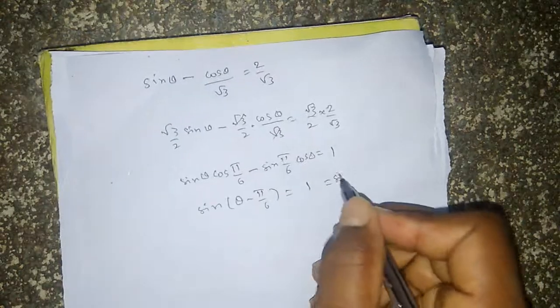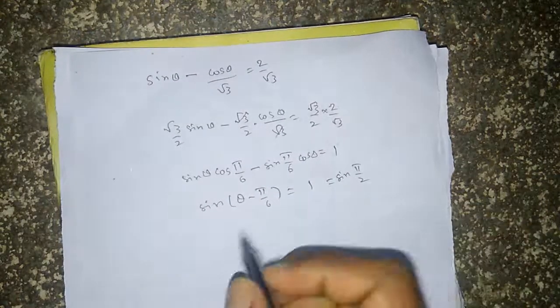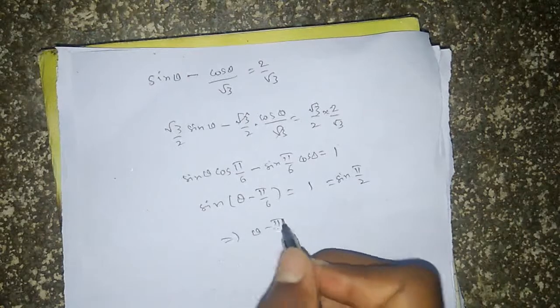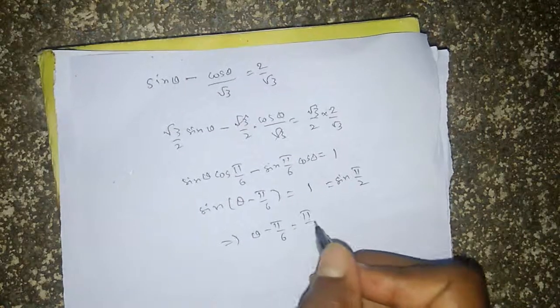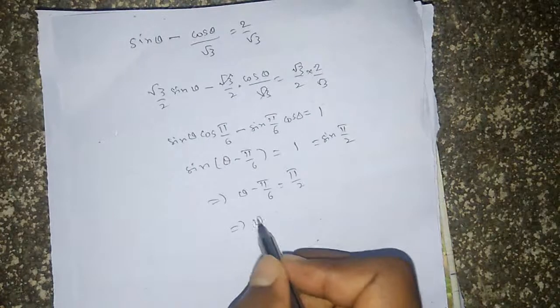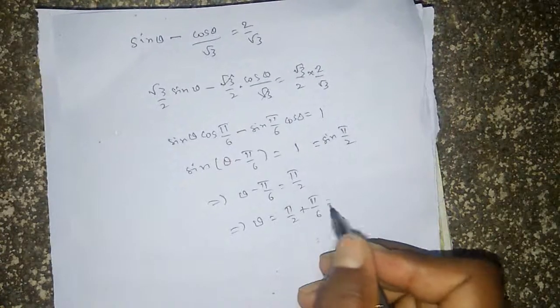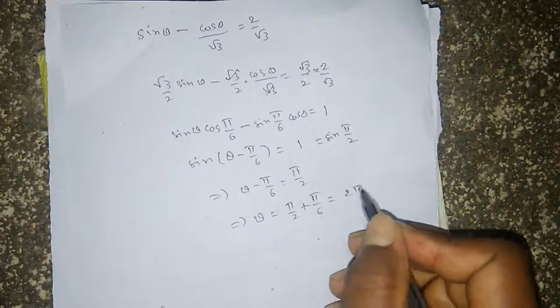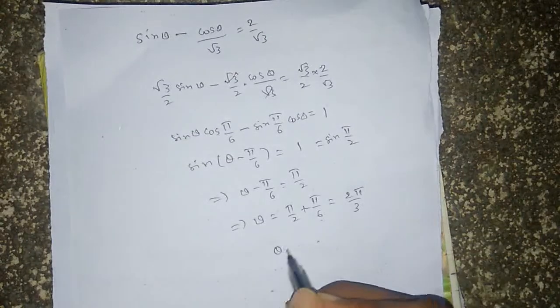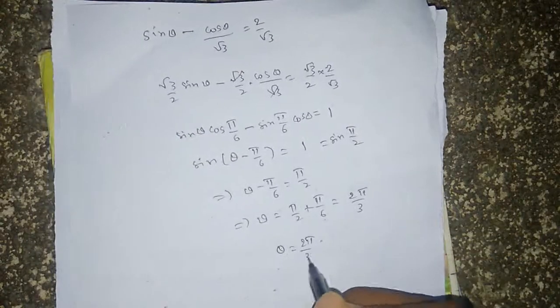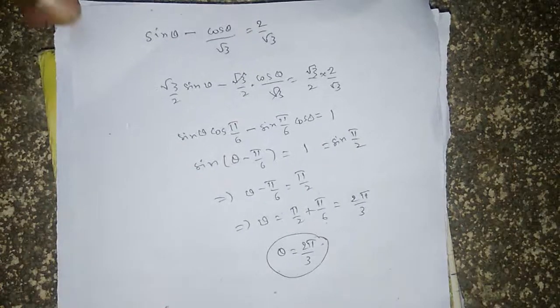So sin 90 is equal to 1. So here theta minus pi by 6 must be equal to 90. Therefore theta is equal to pi by 2 plus pi by 6, that is 90 plus 30 is 120, that is 2 pi by 3. Therefore theta is equal to 2 pi by 3.